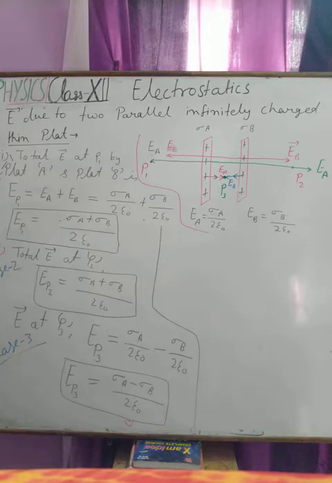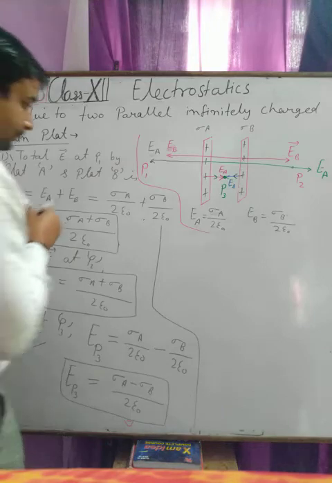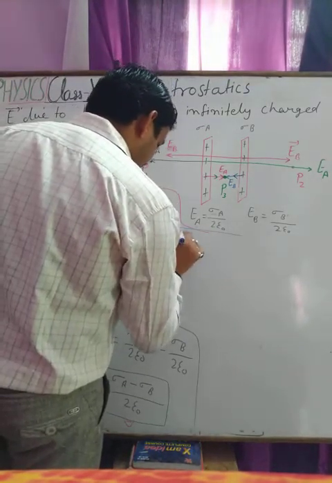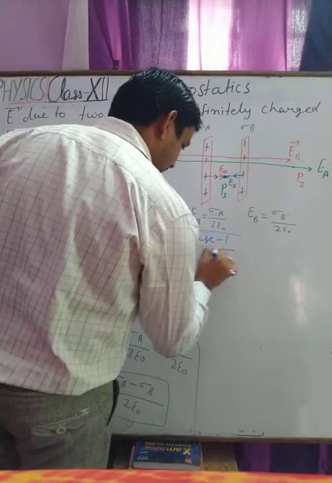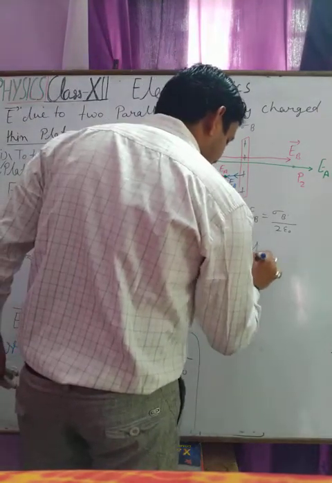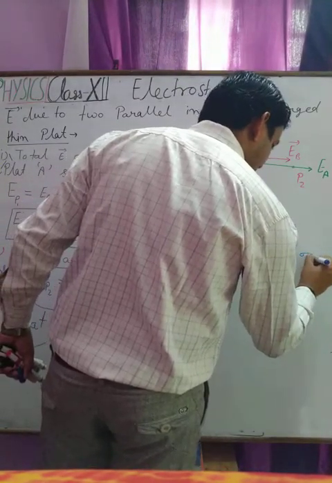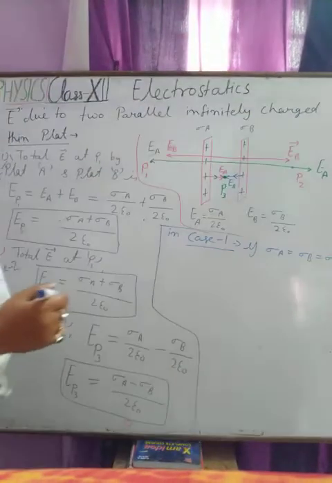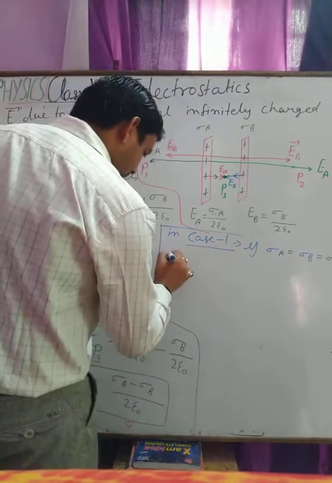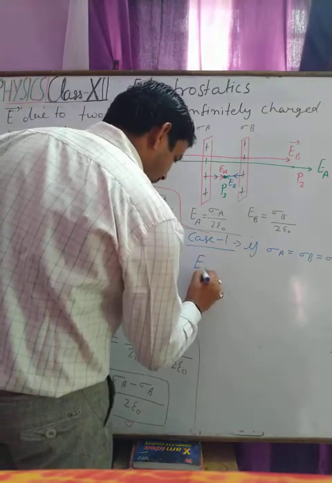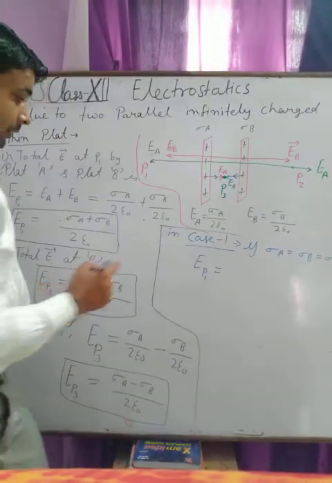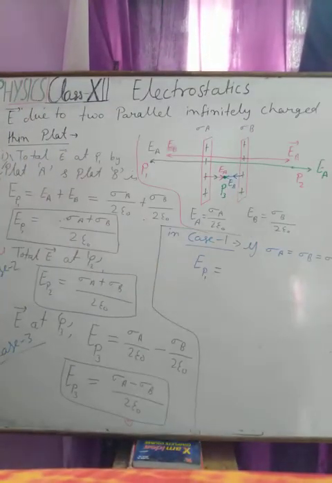Okay, now what we find in case 1: if sigma A equal to sigma B equal to sigma, therefore EP1 is equal to... Now this is totally case 1, student. Okay, this is total case 1.